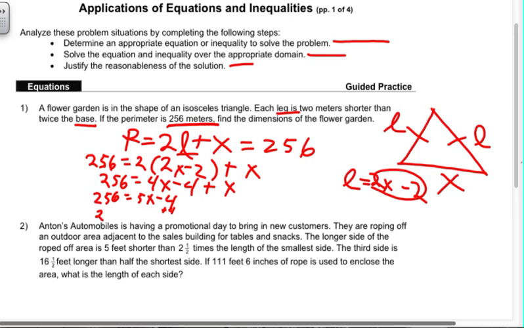So 260 equals 5x. Then I divide by 5, which will give me that x will equal 25 meters. Excuse me, 52 meters.